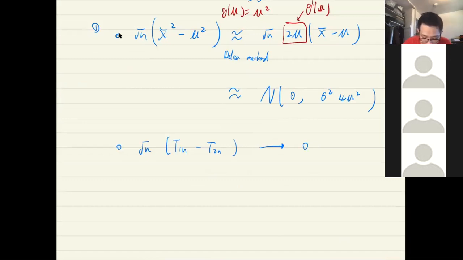So if this is true, then that implies the asymptotic values of T1n and T2n are all the same.